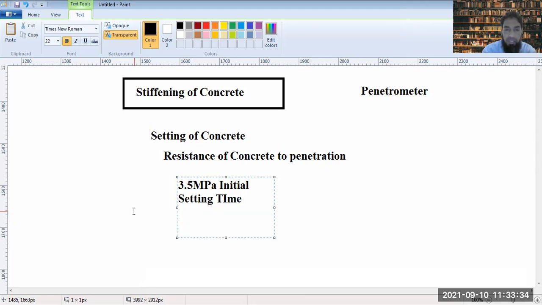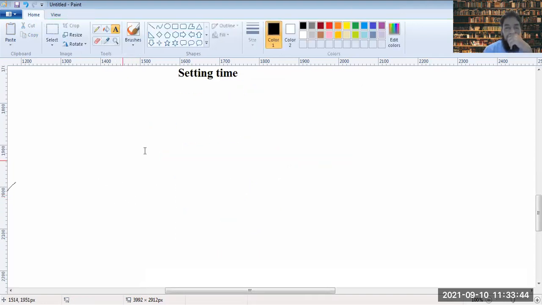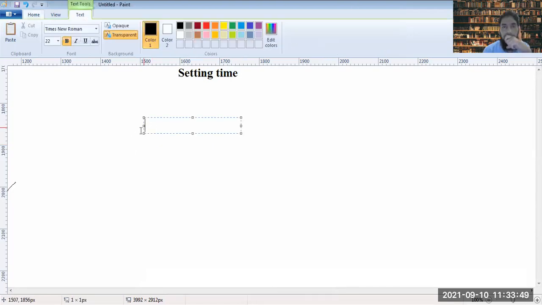And at final setting time, it offers around 27.6 megapascals resistance to the penetration. That's how the readings are noted on the dial gauge of the penetrometer, according to the torque applied onto the penetrometer.